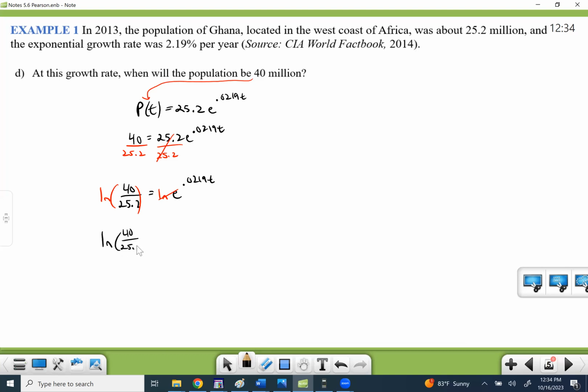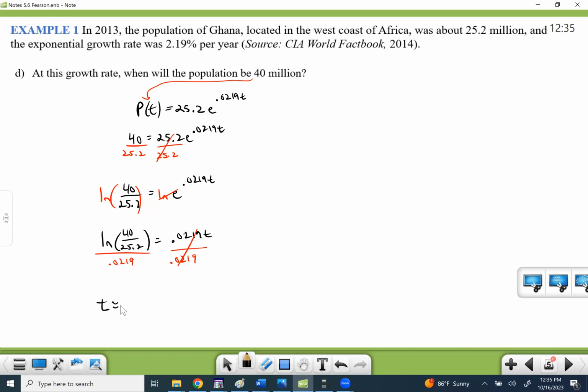The very end is when we'll round. So we're going to divide both sides by 0.0219, and that should give us our time, approximately.